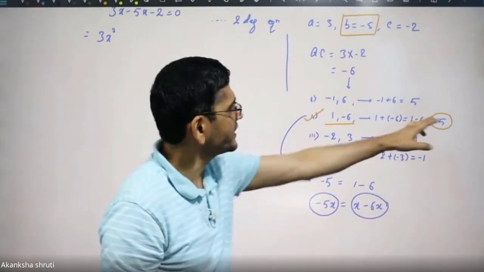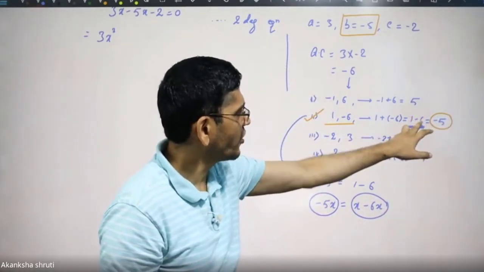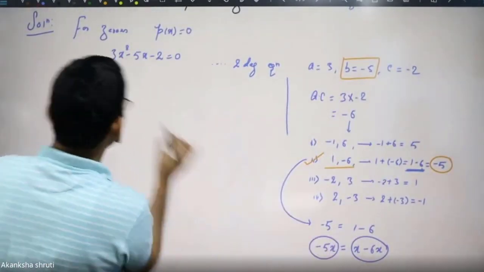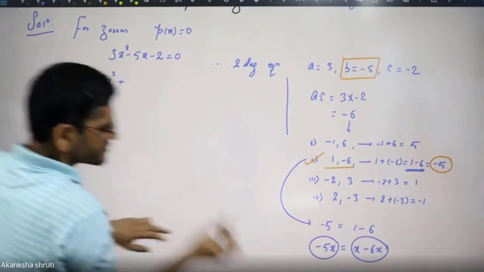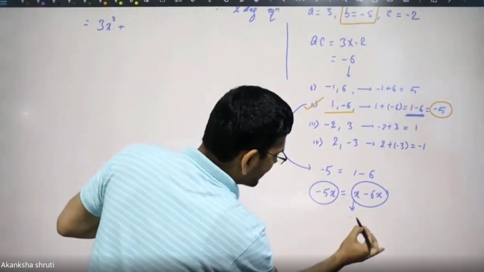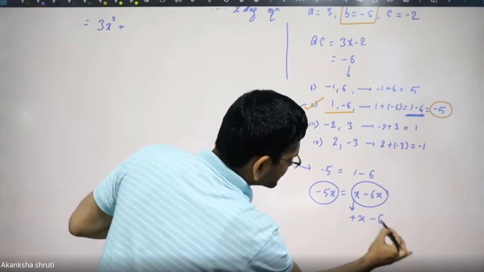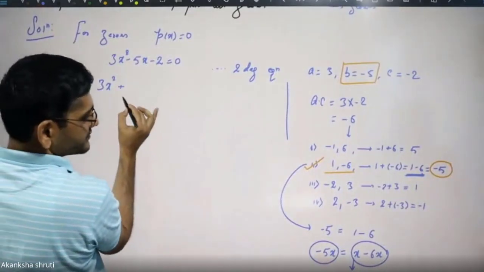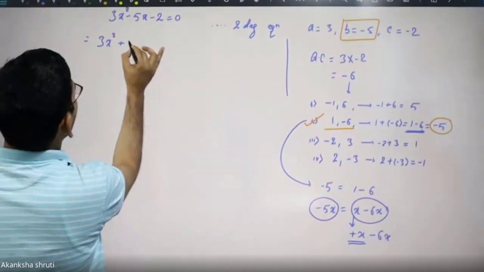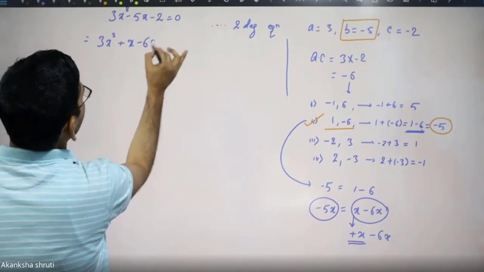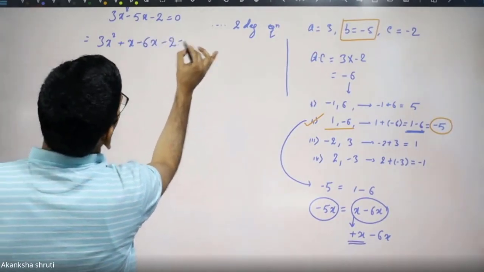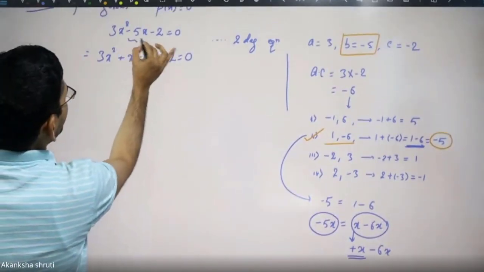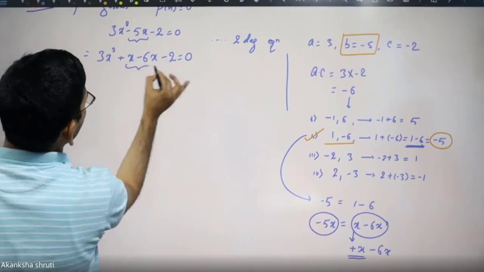After determining this, you have to just associate it along with this x. Therefore, this -5 we are writing as, what is the sign of this x? Student, this x is our plus x minus of 6x. So that's why this plus sign is taken here. So this is plus x minus 6x minus 2 equated to 0. So this way we observe that this middle term is split into 2.